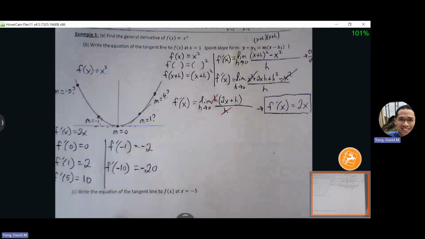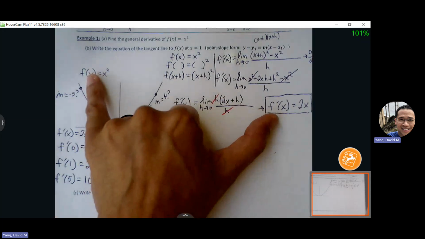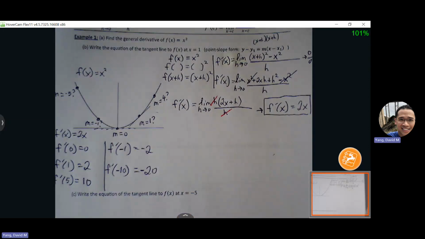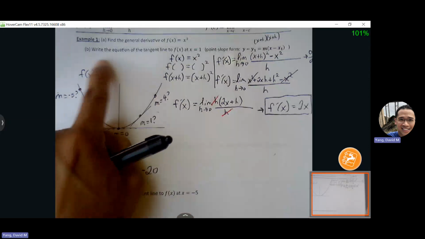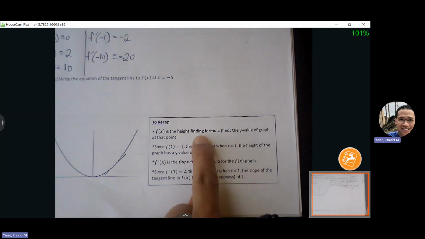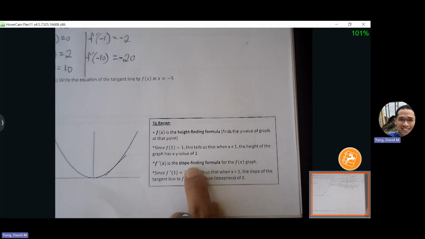Okay, so I want to establish something here. Your function and your derivative function both give you information about the same graph, but they give you different information, right? Your function is always going to give you a location, or the y value of that original graph. But your derivative is going to give you the steepness of the curve at that point. Okay.